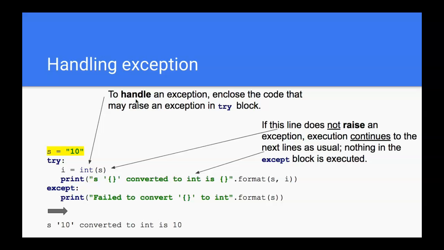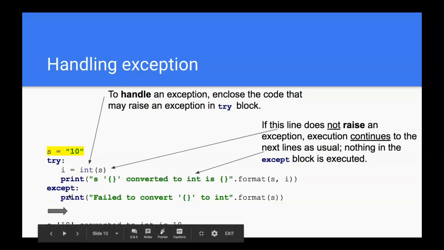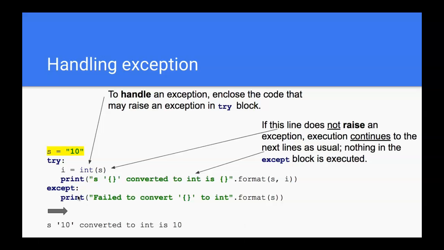Again, the important thing is about the try block. Whichever line of code may raise an exception goes inside try, along with other lines of code, and that's okay. If the line does not raise any exception, it will just go through everything inside try, but it doesn't do anything in except.